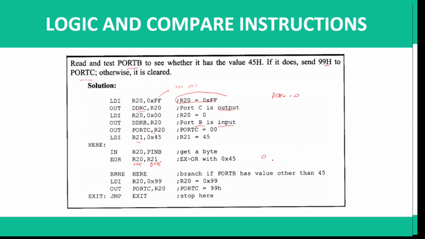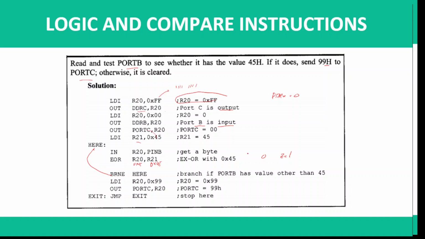Therefore, if our output is 0, then our Z flag is equal to 1. And since Z is equal to 1, we have BREQ here. So it loops on this function. If the value is other than 45, it goes back.